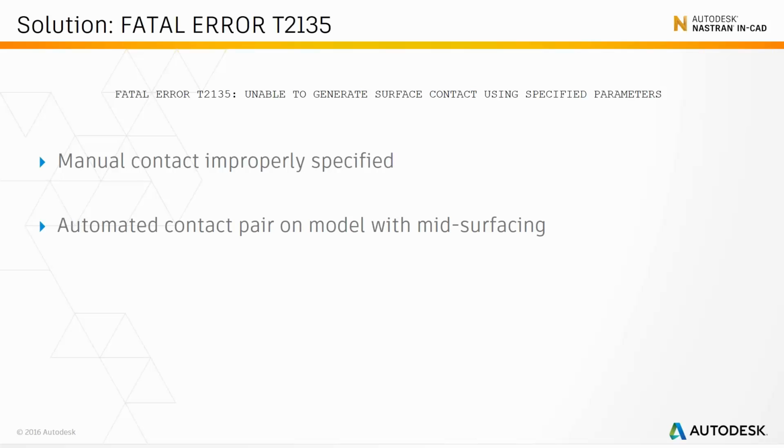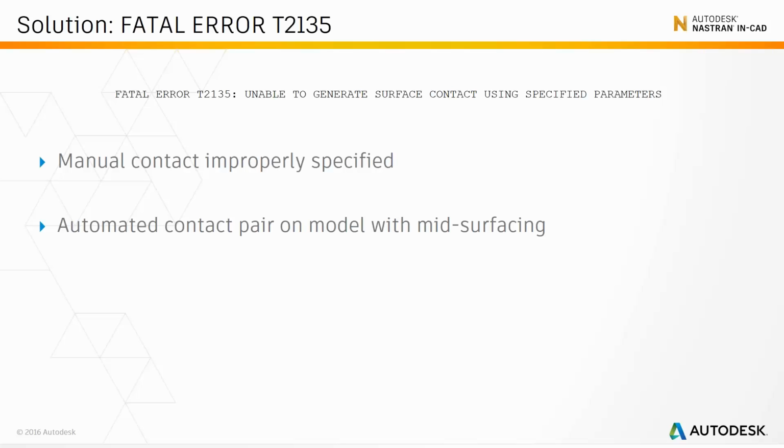The next error message is fatal error T2135, unable to generate surface contact using specific parameters. And this in many ways is somewhat self-explanatory. It's saying to you reasonably clearly in the error message that the surface contacts are not properly specified. So maybe it's because of the way that the part or the contact has been defined.